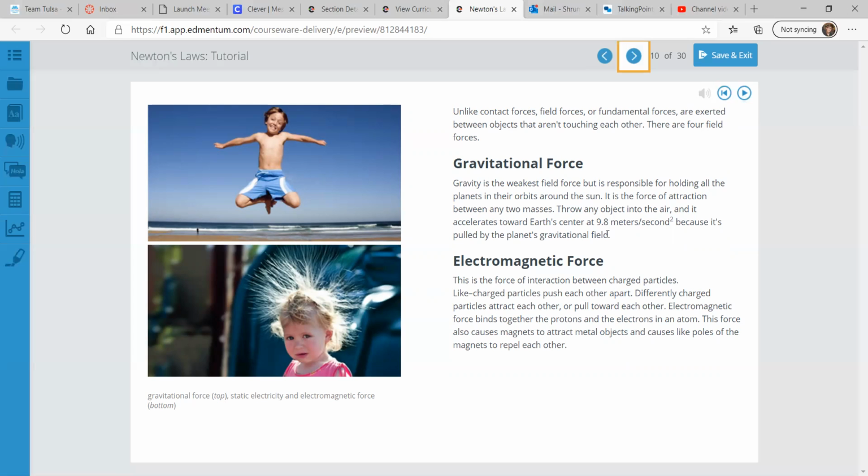But if they are differently charged, one's negative and one's positive, they are attracted to each other and pull toward each other. Electromagnetic force binds together the protons and the electrons in an atom. This force also causes magnets to attract metal objects and causes like poles of the magnets to repel each other.